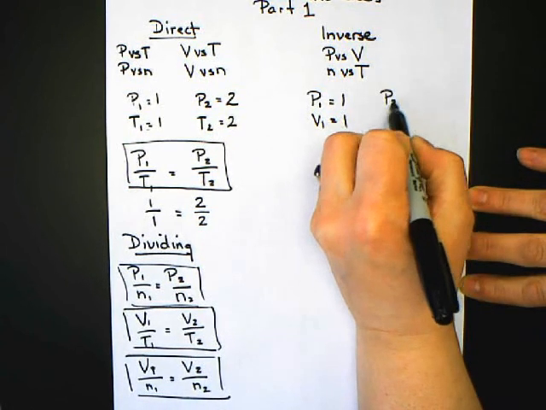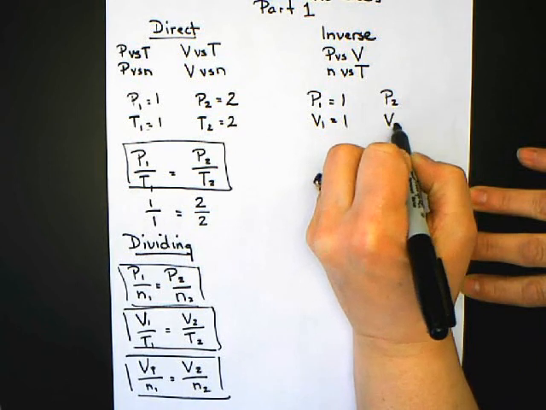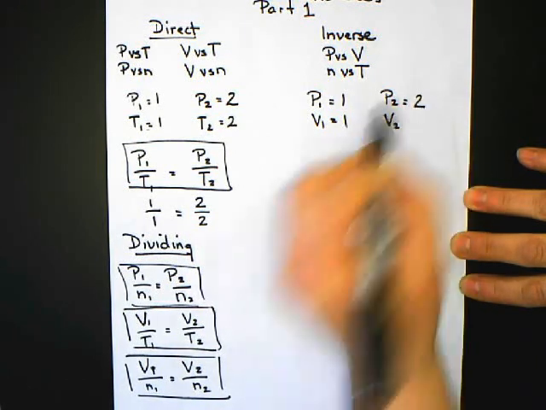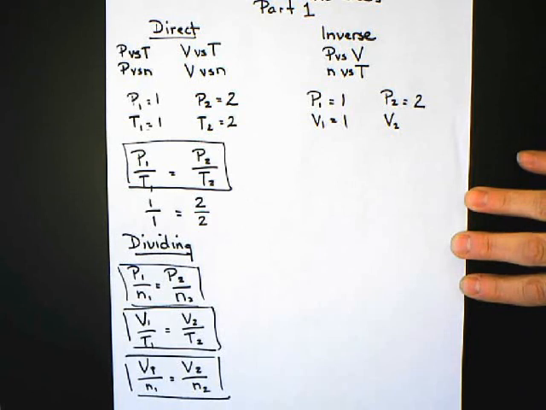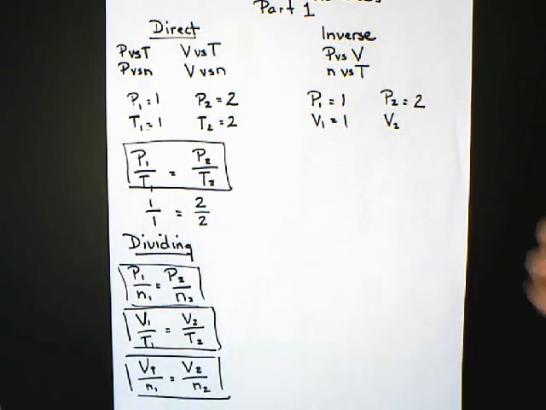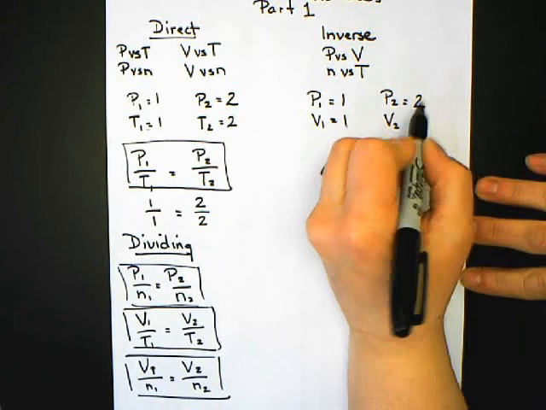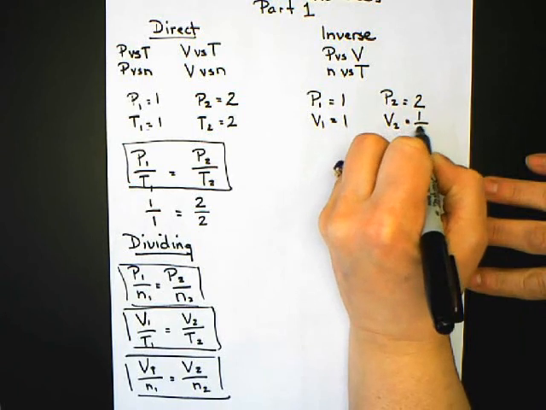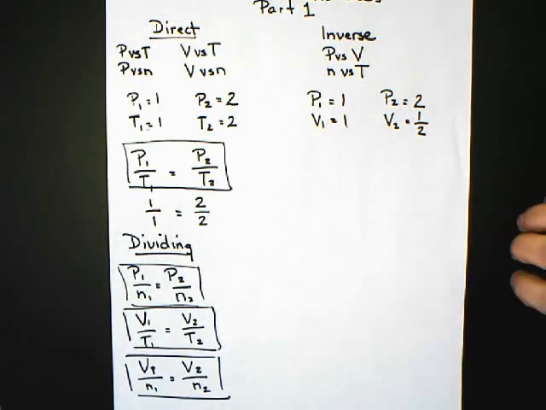Since it's inverse, volume has to go down by the same factor, so volume is going to decrease by a factor of 2. So now mathematically, we're in a different situation. If I divide these 2 variables by each other, I'm not going to get the first set equaling the second set. So what equation am I going to need to use in order to show an inverse relationship?